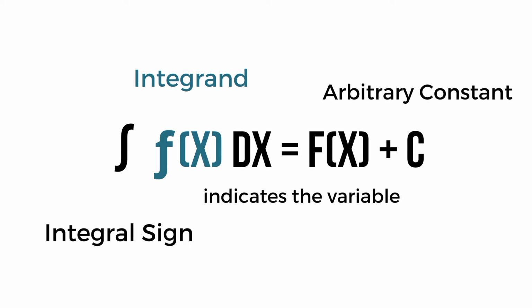Next one is the integrand, the function being integrated in either a definite or indefinite integral. Next one is the dx, which indicates that the variable of integration is x. And lastly, the arbitrary constant, a symbol to which various values may be assigned but which remains unaffected by the changes in the values of the variable of the equation.